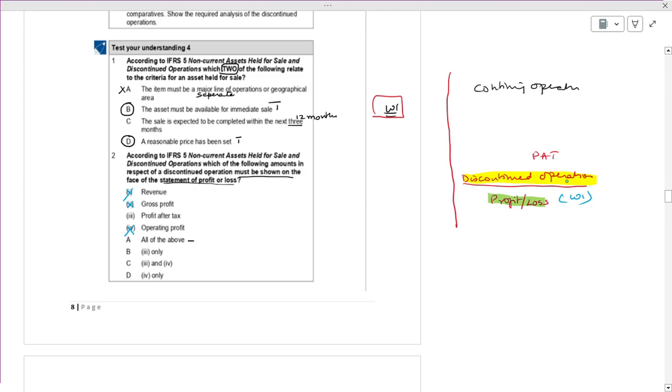Read the question again: which of the following amounts in respect of discontinued operation must be shown on the face of the profit and loss account? Profit or loss, only profit or loss after tax. Answer is D.